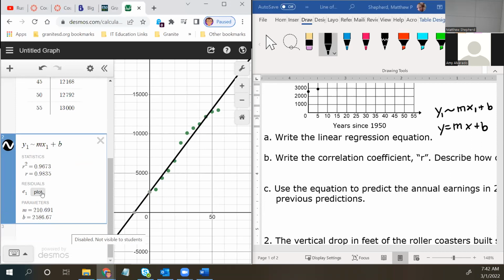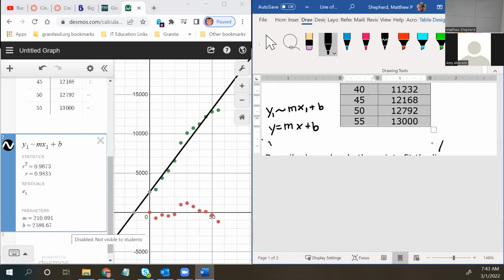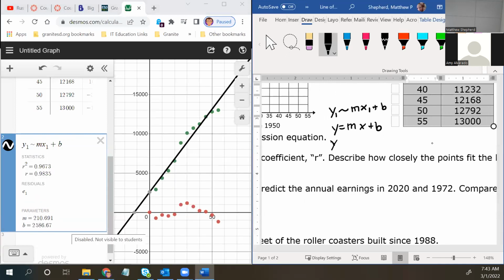I can plot my residuals. I don't see any clear pattern from those residuals. So this graph is probably a pretty good representation. And then down here, it says M equals and B equals. So it's already given me the numbers to use for my equation up here. So the linear regression equation is going to be y equals, rather than M, over there it says 210.69.